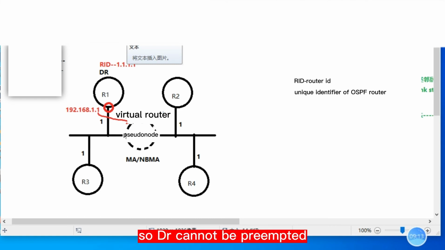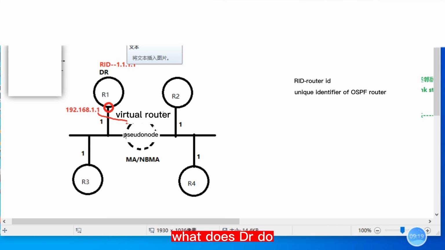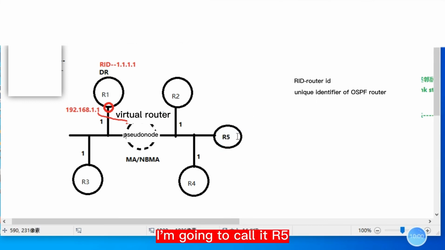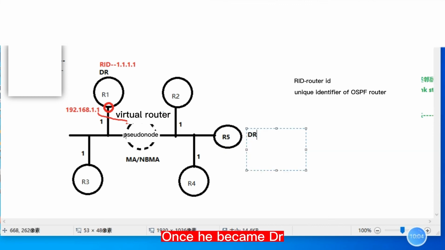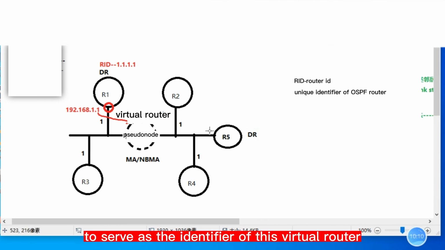So that is why the DR cannot be preempted. The next question is actually a very simple one. Let's say I have a new router that just jumps right into the network. I'll call it R5. Then it becomes DR. Once it becomes DR, you have to use the IP address of its interface as the identifier of this virtual router.